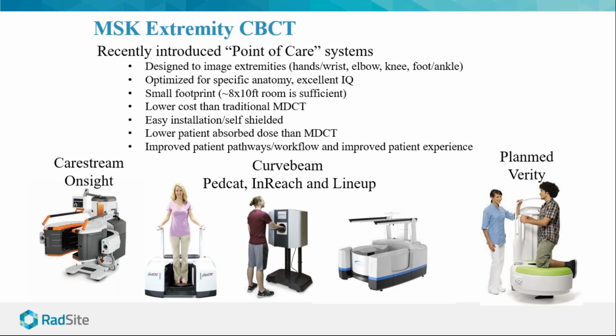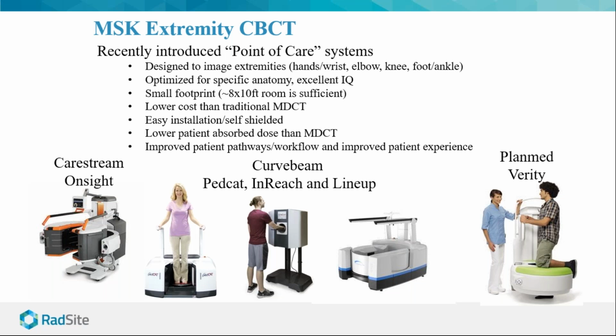These systems are designed to be point of care, in that it's a one-stop shop. The patient comes in, the surgeon decides you need some imaging, they go along the corridor, get imaged, and within half an hour they're back in the surgeon's office looking at the image and being told what their treatment's going to be.